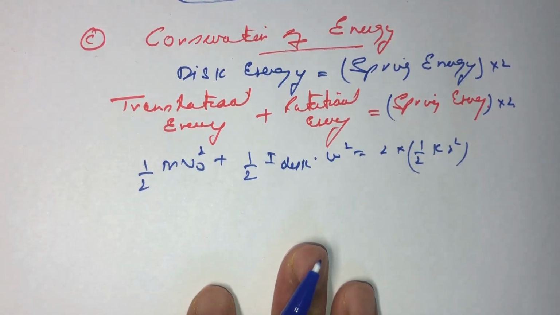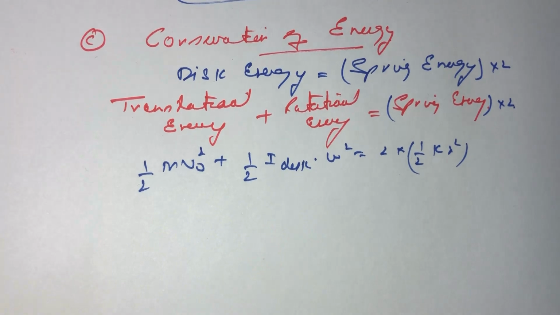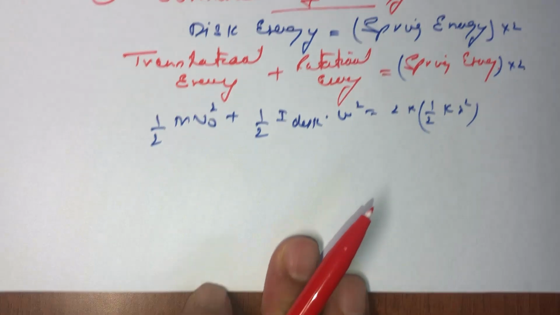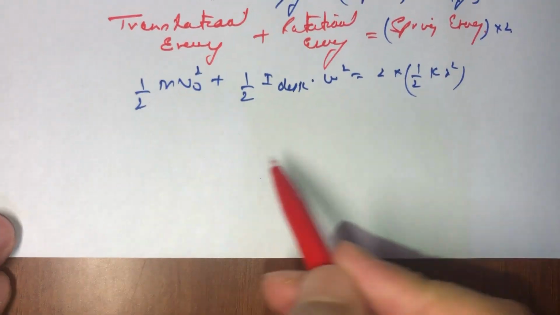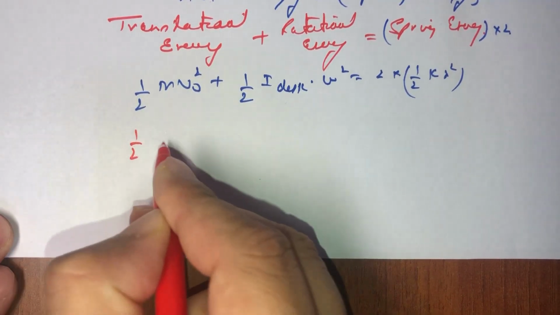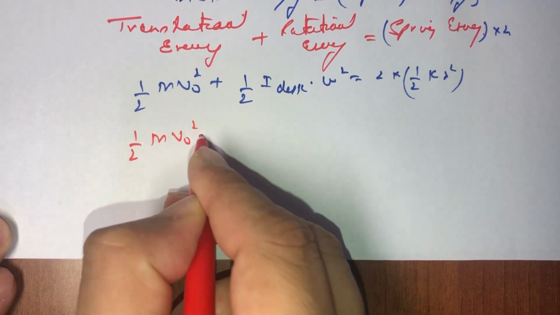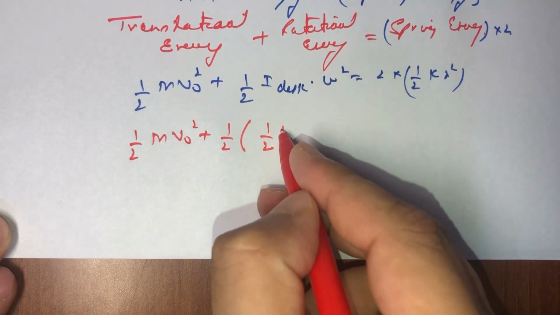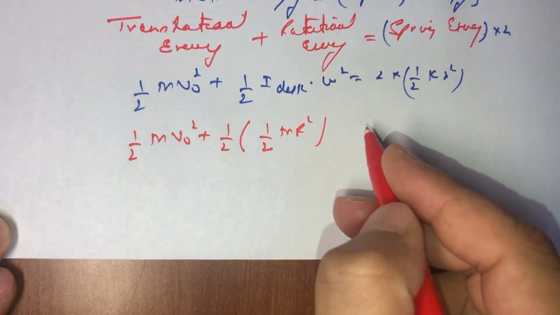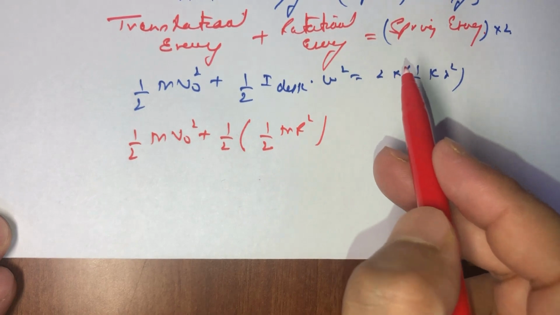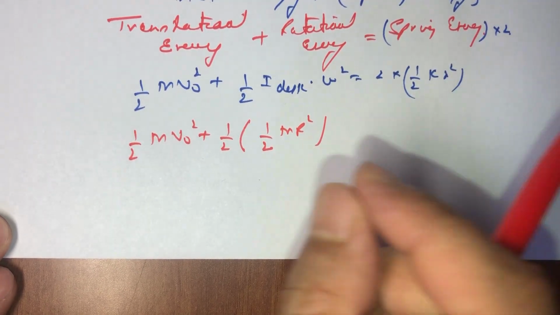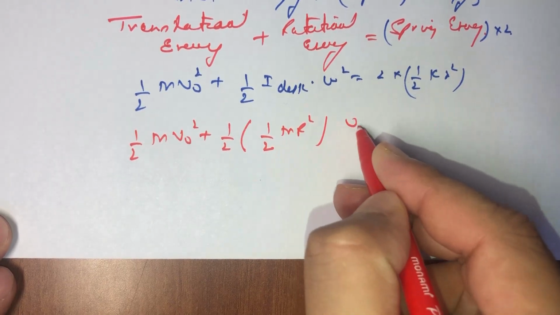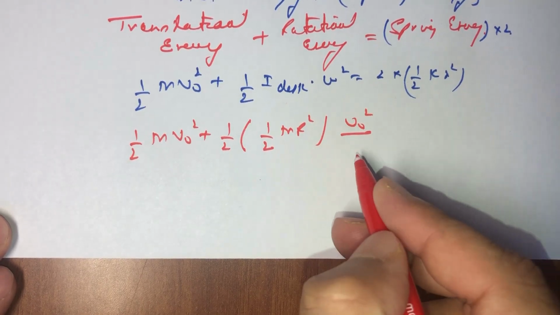Therefore, substituting the value of I disk, which is half m r square, we get 1 by 2 m V naught square plus half into half m r square, and omega square we can put in terms of V naught, that will be V naught square upon r square.